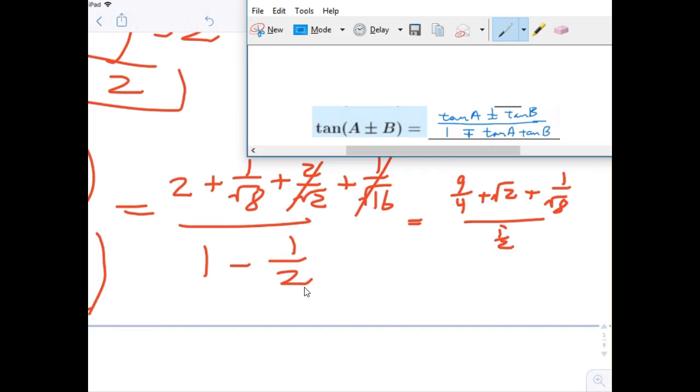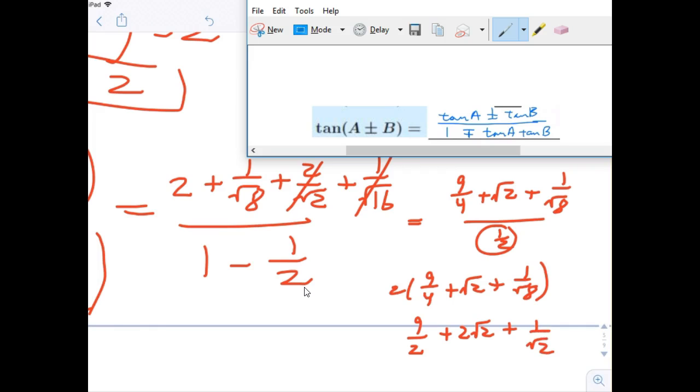So I'm going to invert this and multiply, so I'd end up with 2 times 9/4 plus square root of 2 plus 1 over square root of 8. That would give me 9/2 plus 2 square root of 2 plus 1 over square root of 2, because square root of 8 is 2 square root of 2, so 2 times 1 over 2 square root of 2 is 1 over square root of 2.